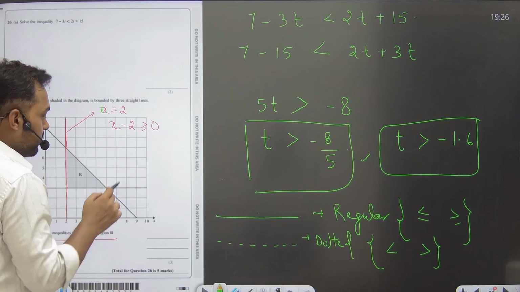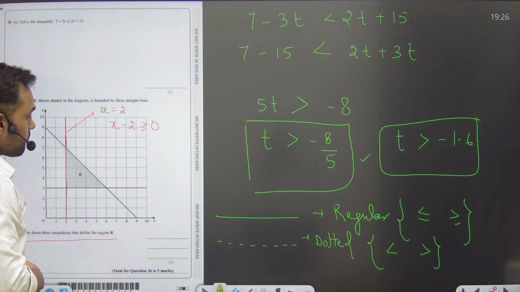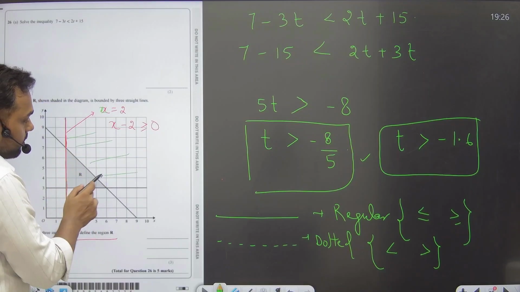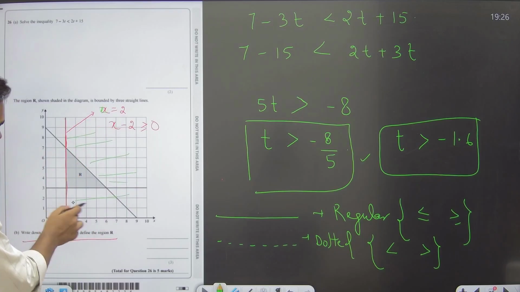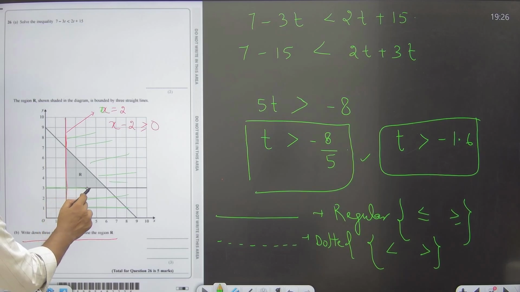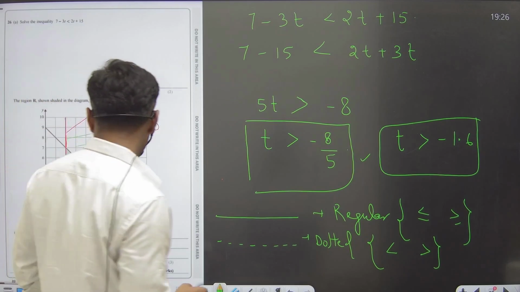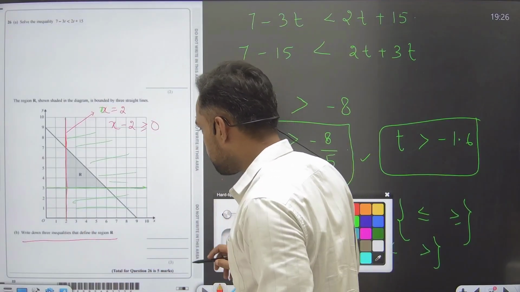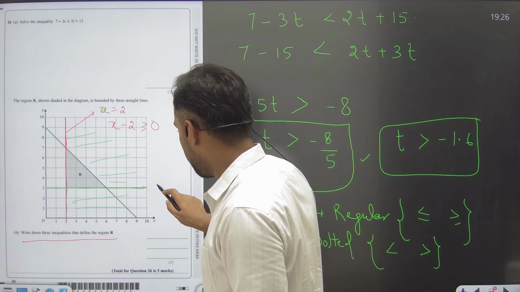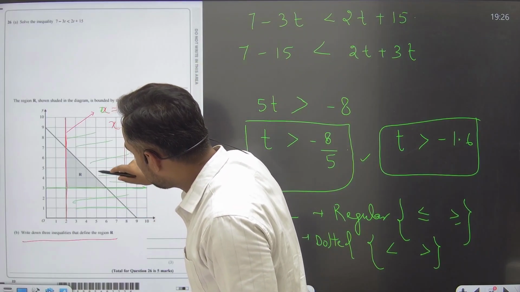Why have I taken greater than or equal to 0? Because I am talking about this particular side, so all of this R region will be covered in this part. Now let's talk about this line, students. We can say that this line has the equation y equals to 3, and the portion above this line is this particular part.